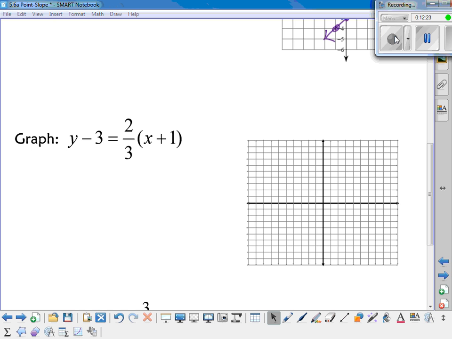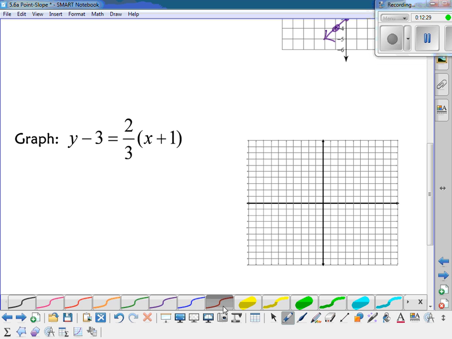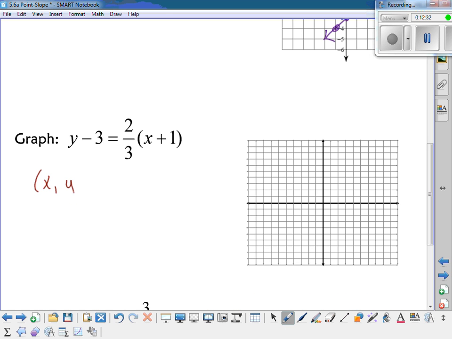Okay, so for some problems you're going to be given just the equation in point-slope form, and you have to figure out how to graph it. You have to figure out what x sub 1, y sub 1 was. So if I look at this example, what is my x sub 1 going to be? It says x plus 1, but the formula is supposed to be x minus 1. So what's that mean that that 1 was? It used to be a -1.